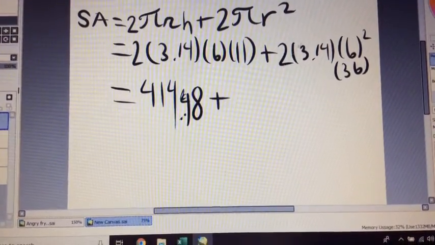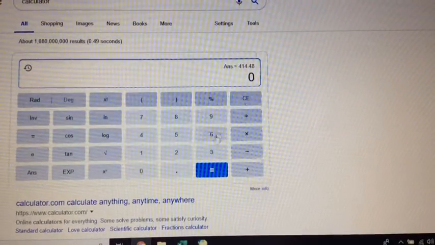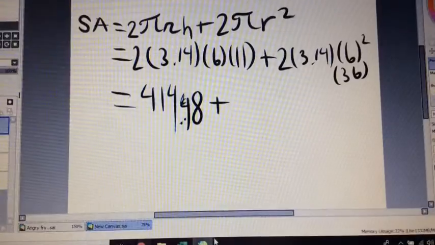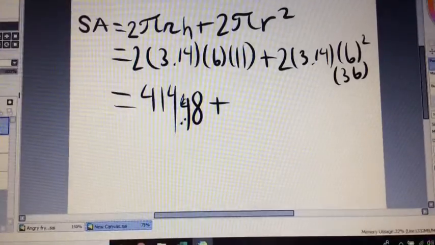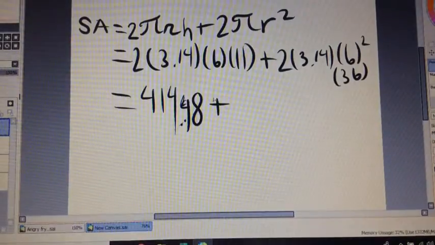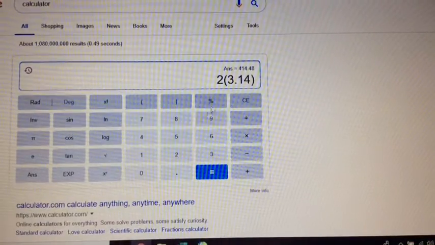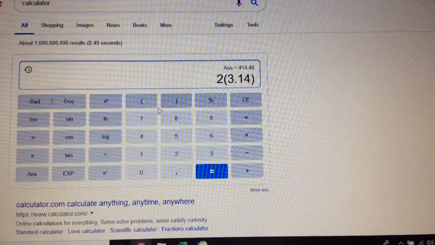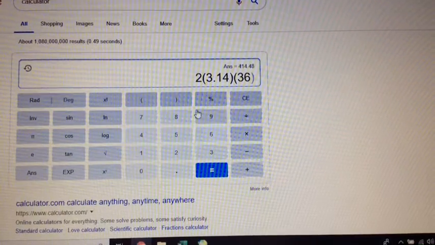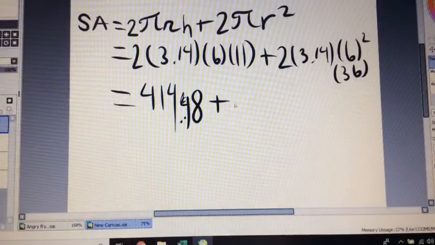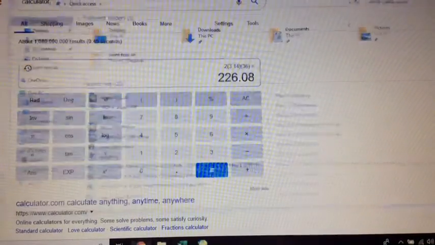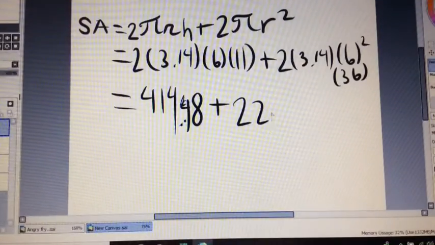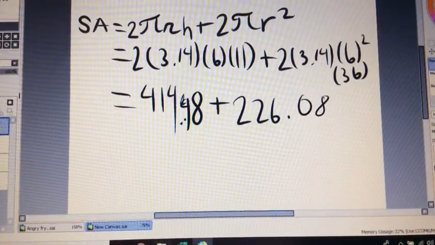Now let's solve over here, which will be 2 times 3.14 times 6 squared, which is 36. And our answer is 226.08.